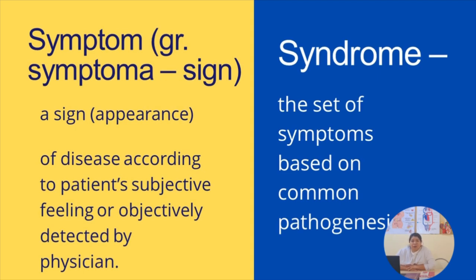There are two concepts, symptom and syndrome. A very important concept is symptom. A symptom is a sign or appearance of disease. There are two types of symptom: subjective and objective. An objective symptom is detected by the physician. A subjective symptom, for example, is headache or chest pain.